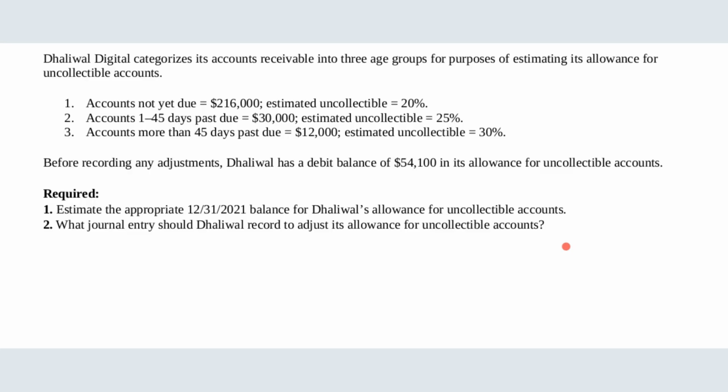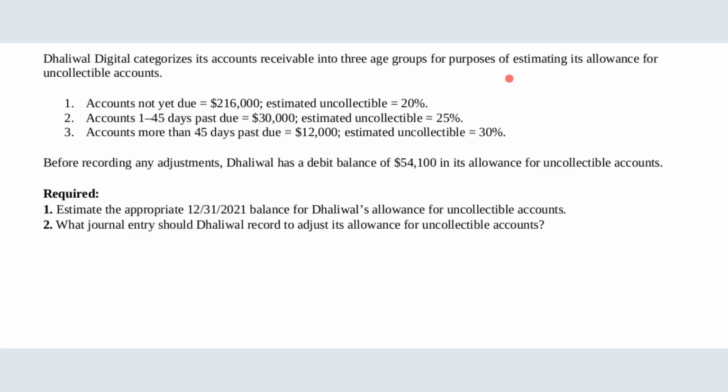And so all we have to do is multiply the balance by the uncollectible percentage estimate to come out with a total ending balance of the allowance for doubtful accounts. And then we compare that ending balance to the beginning balance to come out with our bad debt expense adjustment.